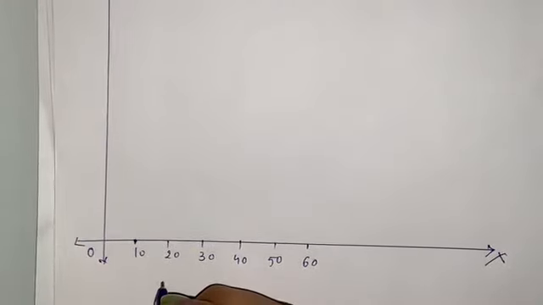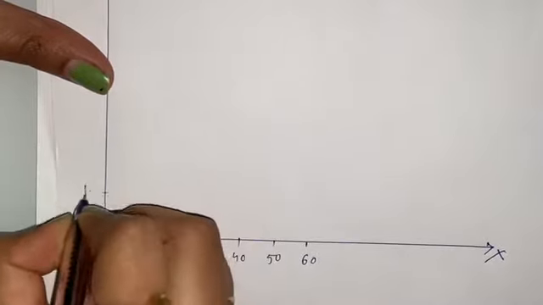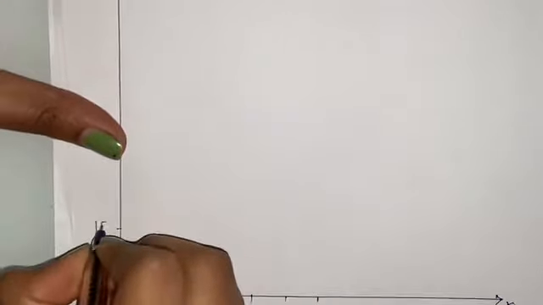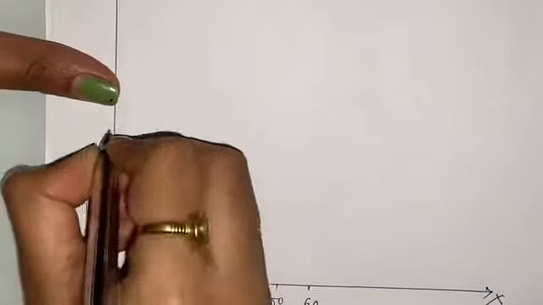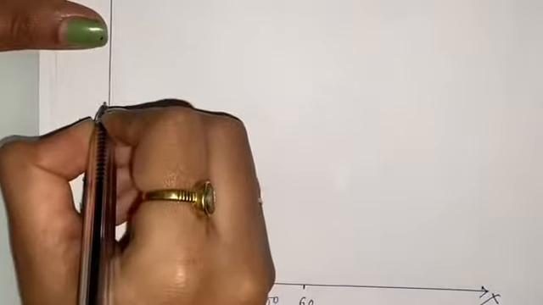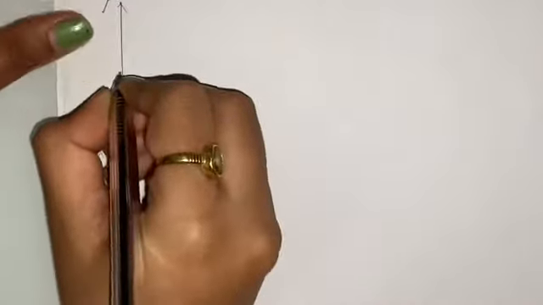And on the other axis I will start from 5, then 10, 15, 20, 25, 30, 35, 40, 45, 50, 55.